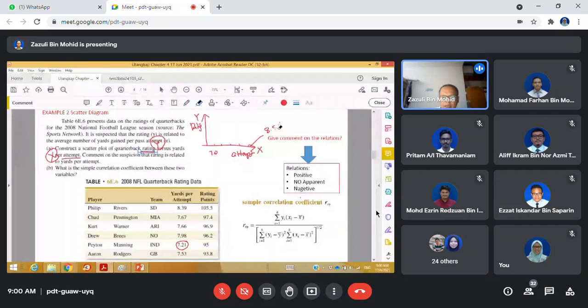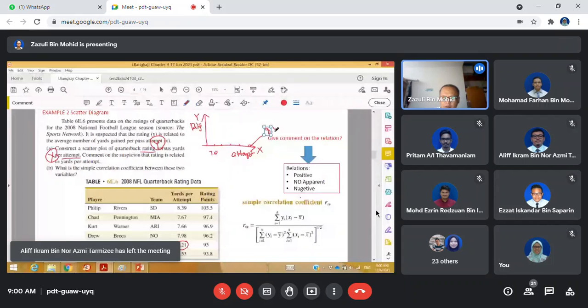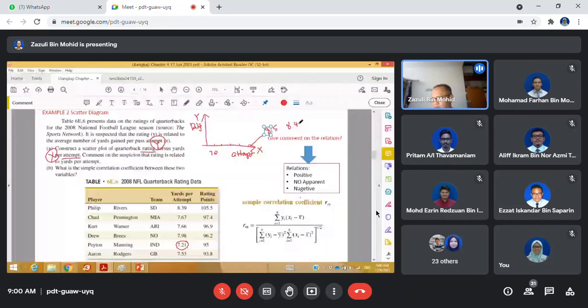You have to put it as 8.5, or maybe you can use 8.4. You can decide which numbers are much easier for you to work with. Then you can plot it. It's 7.2, maybe a little bit like this, and then you have the value.